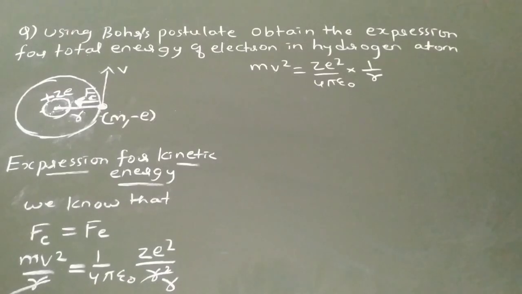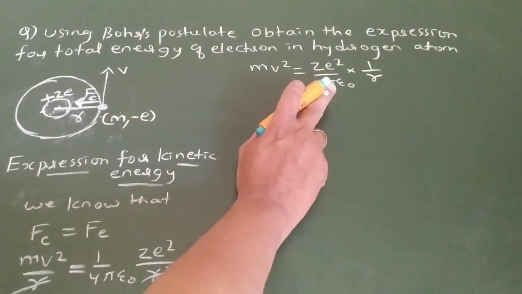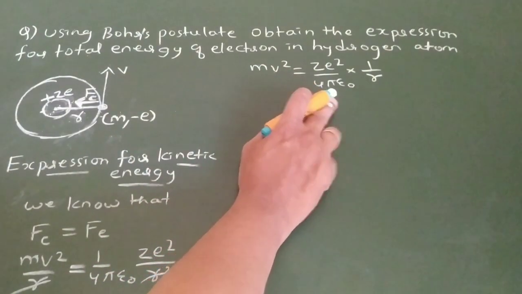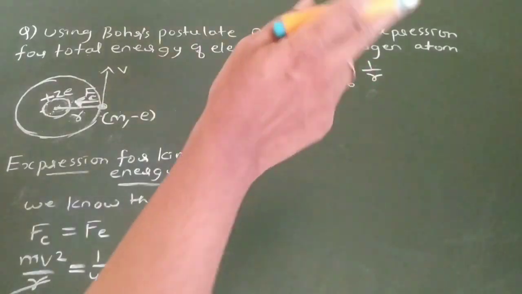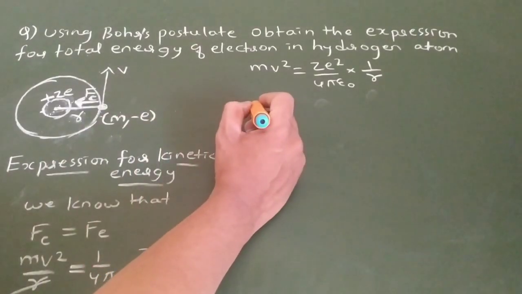I want the relation between energy and n. Here we don't have any n value, but I know the radius depends on n, so I am going to substitute the formula for r in terms of n.